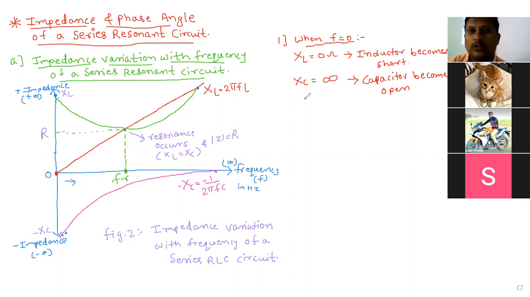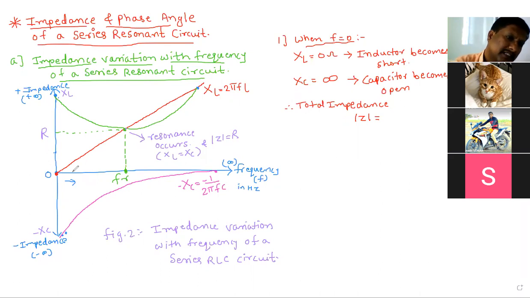Now next one, total impedance. Is total impedance 0 or infinite? Look at the graph and see what the value is, infinite or 0. At frequency f equal to 0, what is the value?